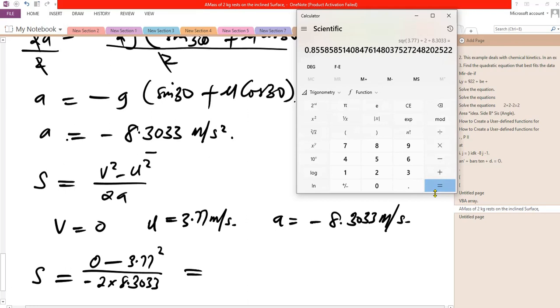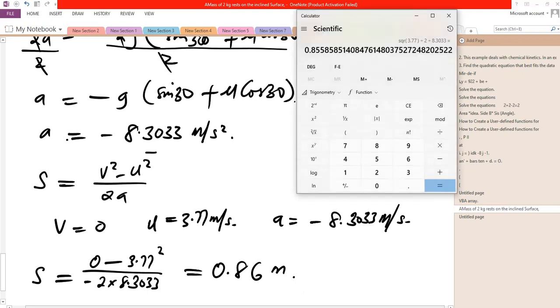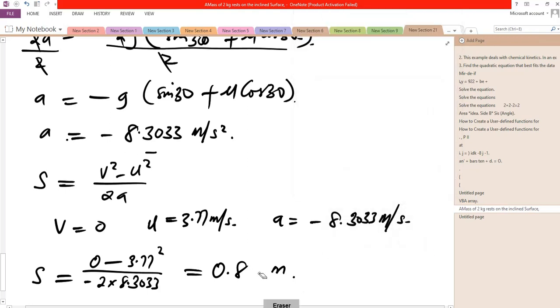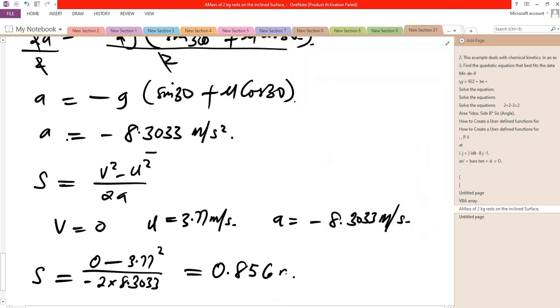Now we have 0.86 meter. Okay, let me just call it 0.56 meter. So this is how far it will go before it stops.